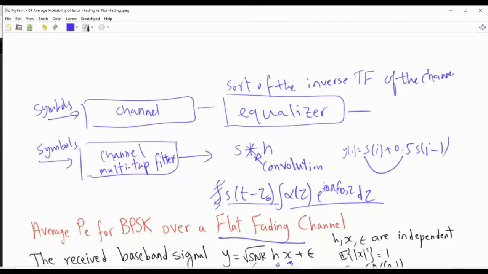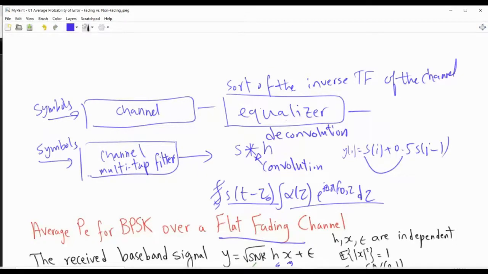Or you can think of the equalizer as a process of deconvolution. Like you have two sequences that are convolved together and you want to deconvolve them. Examples are the zero forcing equalizer and the LMMSE equalizer, in which you get an estimate for a particular symbol, and then you detect that symbol without worrying about the other symbols.